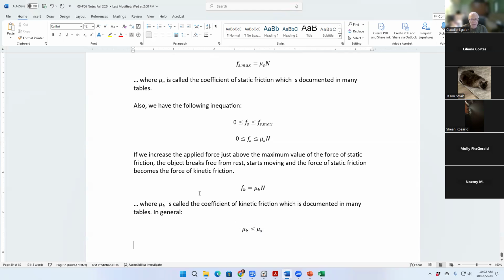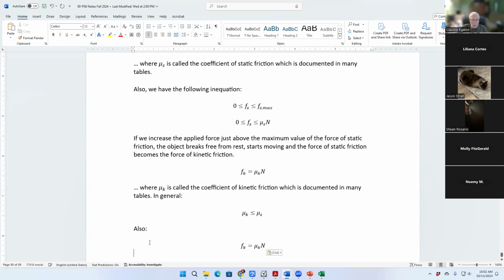Okay, and what else? Also, consequently, F sub k is less than or equal to F sub s max.